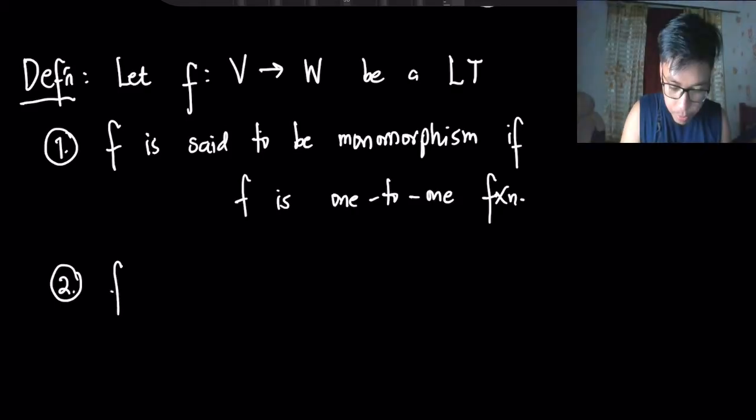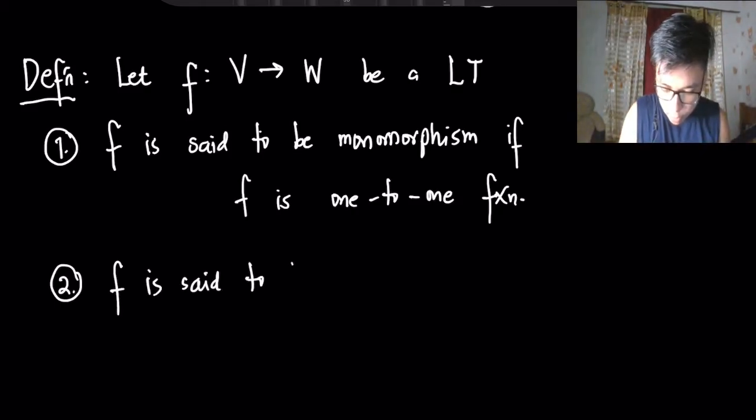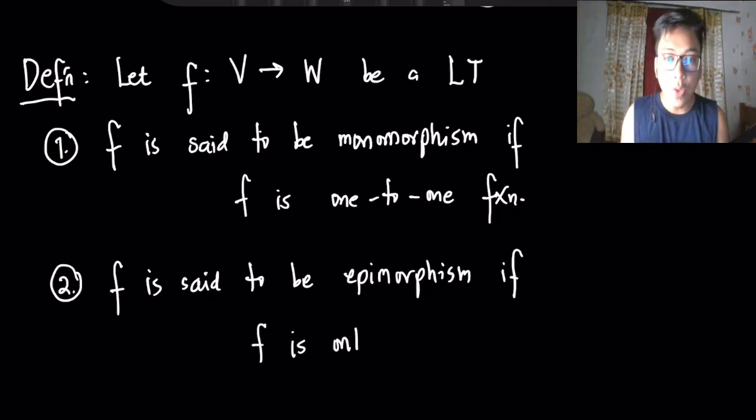Number two, F is said to be epimorphism if F is onto. So onto also, I have discussed in the same video I have uploaded before on YouTube.